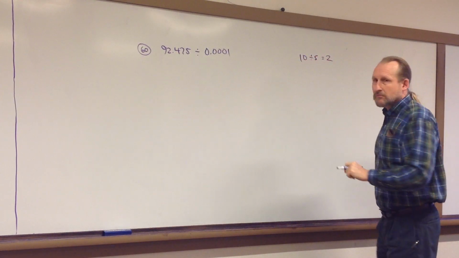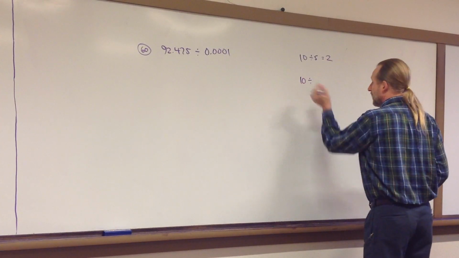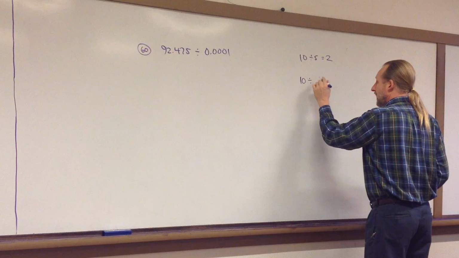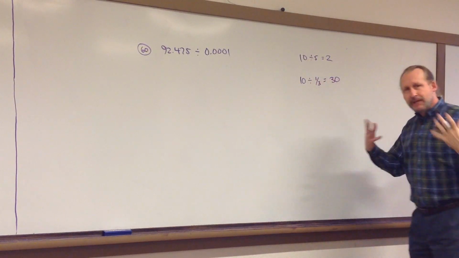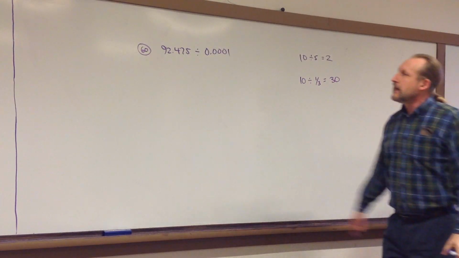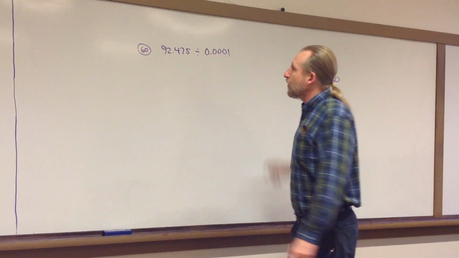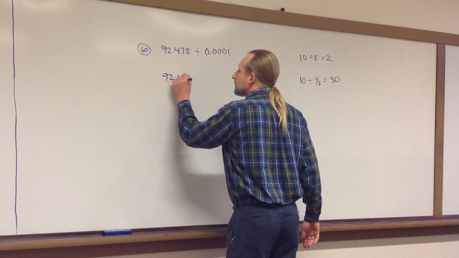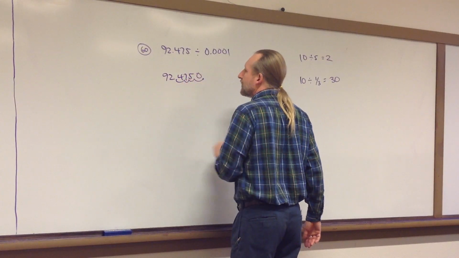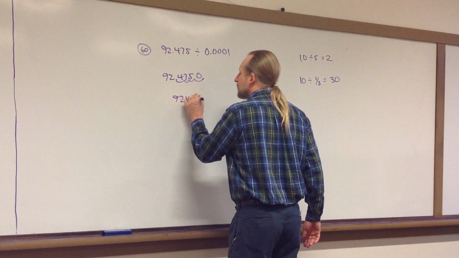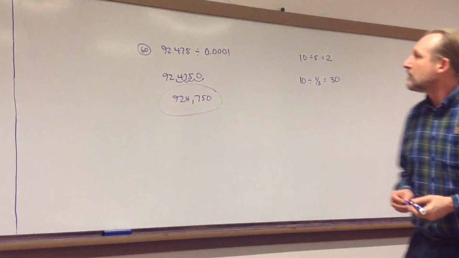It got smaller. But if you divide by a number that's smaller than 1, let's say we divide by 1/3, your answer will be bigger than what you started with. So that is why this decimal point is going to move 4 places to the right. 1, 2, 3, 4. Put a 0 in that open space, 924,750. Okay, so there we go.